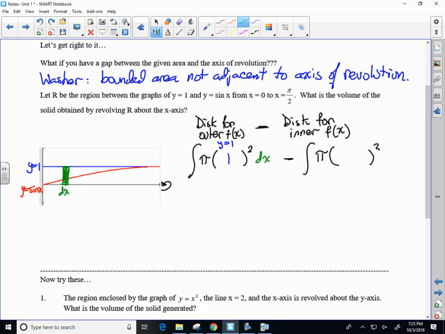Then I'm going to do another arbitrary rectangle going up to the innermost function, also a dx. This time I'm looking at the red function, which is y equals the sine of x. So just the y value, sine of x, is going in.